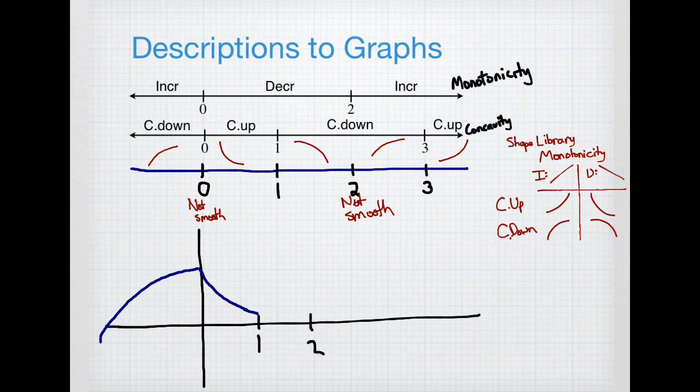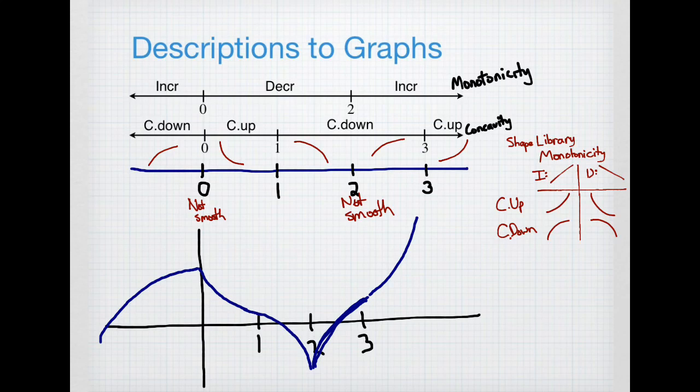That'll be 2, 3, and on. And at this point 1, I need to switch to be decreasing concave down. And so I can now continue until 2. At the point 2, I switch to increasing concave down, and so I'm going to now be increasing concave down, and now I switch to concave up, and so I finish by going to concave up.